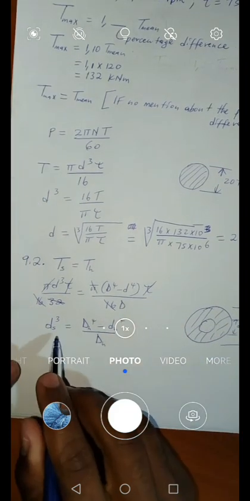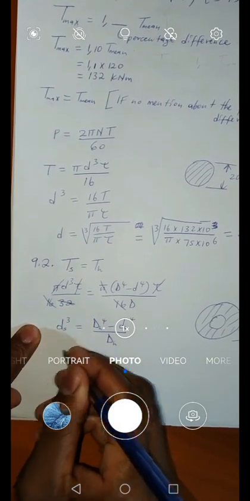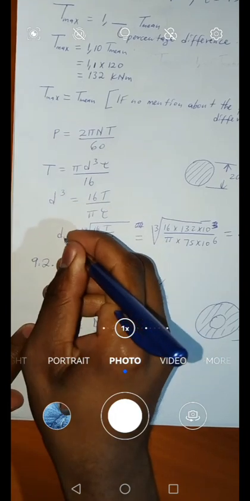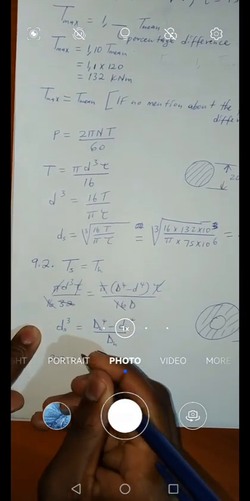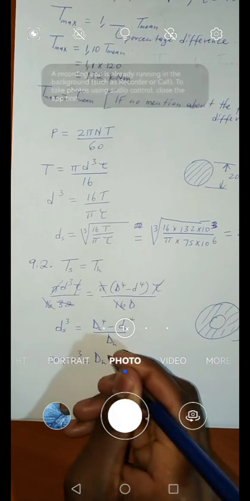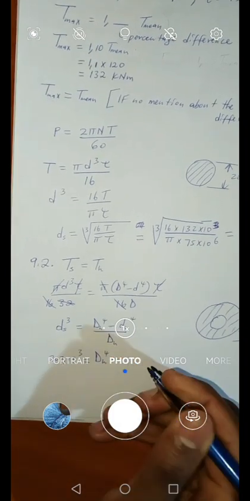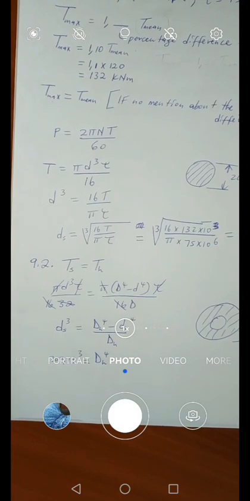Therefore, we are going to replace here. You will say that d of the solid shaft, you got it, is 207.73 cubed equals to D_h, we don't know, but from that question they said that d equals 0.65 of capital D.